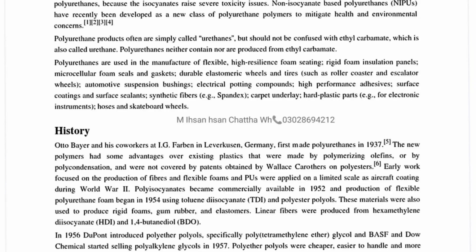It is a composite material, forming rigid foam, gum rubber, elastomer, linear fiber, and various others. Recently, changes have been made to make it versatile in uses, using isomers and using monomers beyond ethylene glycol and diisocyanate.